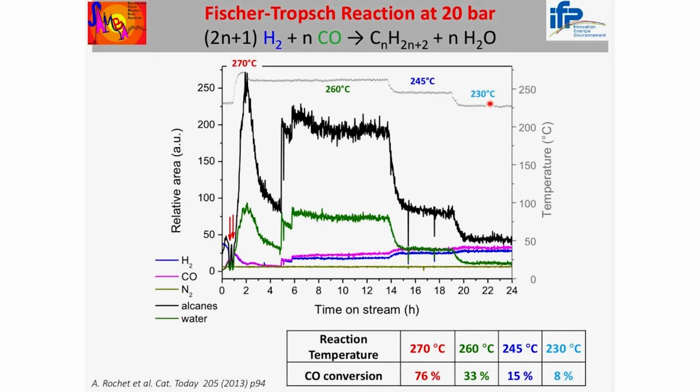And using the calibration curves previously described, and using these results, we were able to quantitatively describe the carbon monoxide conversion, a very high conversion ranging from about 76% for the high temperature to 8% for the low temperature.